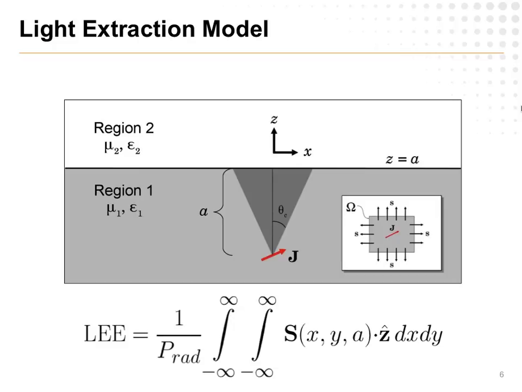We're integrating along x and y, parallel to the plane. All the flux that leaves that surface is all the light that was extracted. Then if you divide by that total radiated power, you have a light extraction efficiency. Okay, that's pretty intuitive so far.